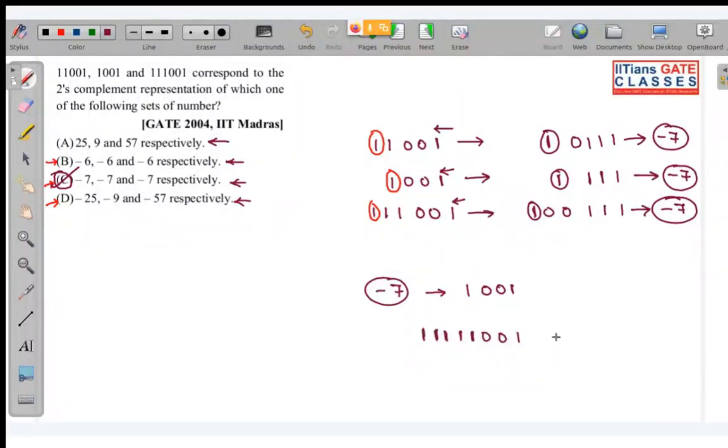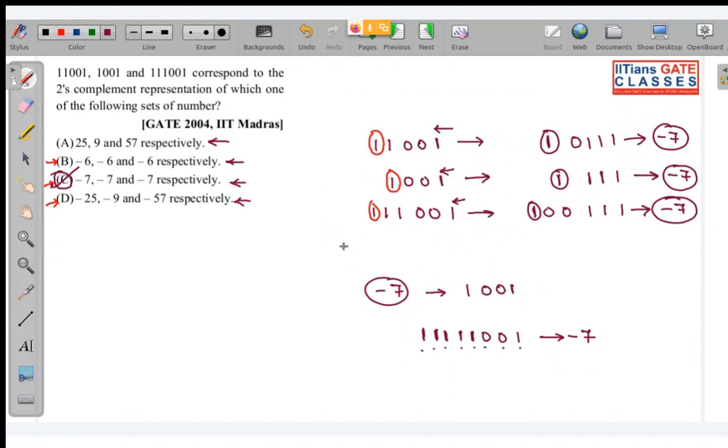So even this number corresponds to -7, but only the number of bits has increased. So that is 0, 1, 2, 3, 4, 5, 6, 7. So this is a 7-bit representation of -7 in 2's complement representation. So here also only the sign bit has been copied further to the left-hand side.